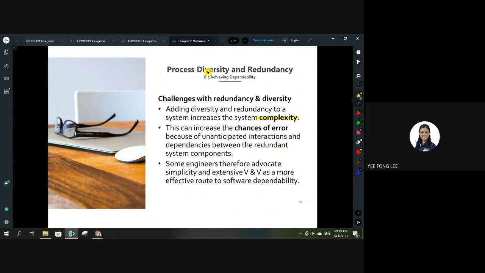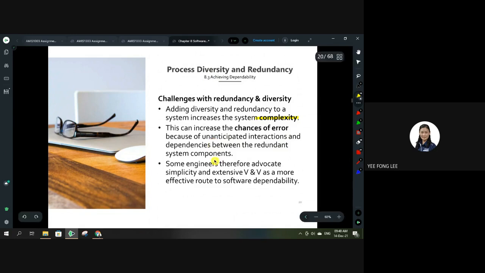Not only that, you need to write and check, and additional functionality might also be required to detect a component failure and to switch control to alternative components. So the additional complexity might mean the likelihood for the programmer to make errors might also increase.